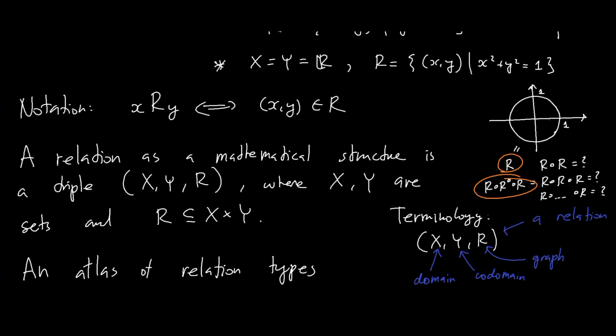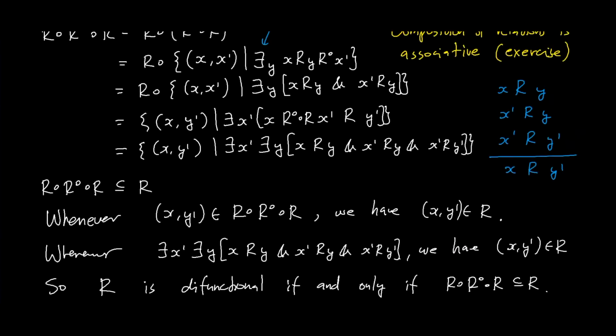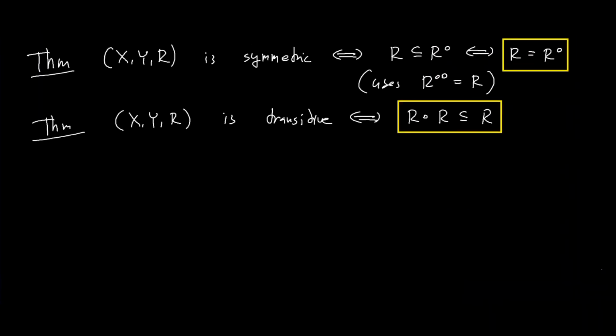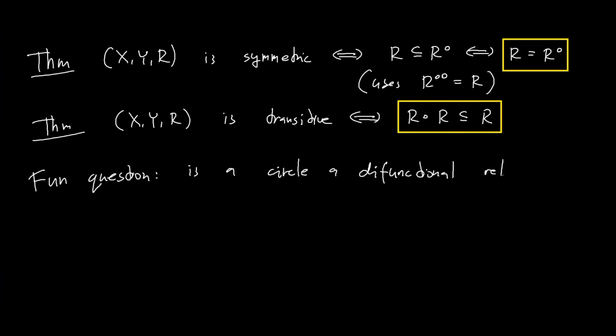But maybe after you have explicit computation for this triple composite, then you will be able to apply the theorem here to decide whether a circle is a difunctional relation. Fun question: is a circle a difunctional relation?